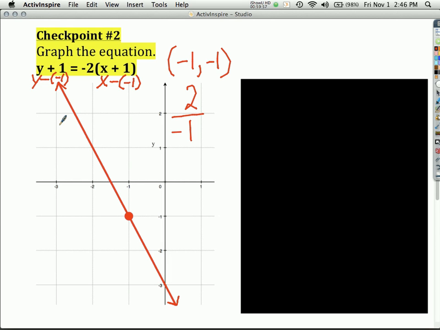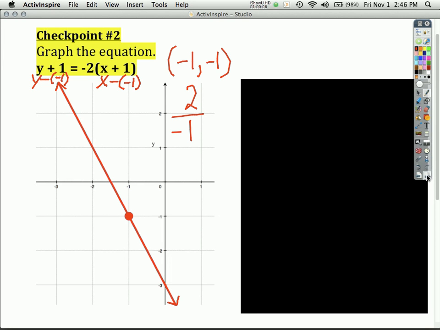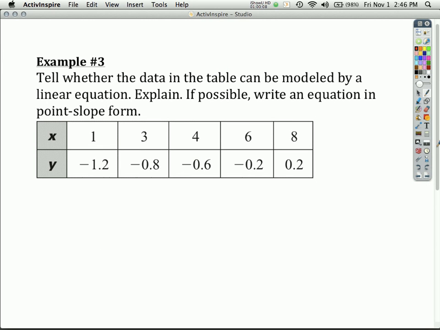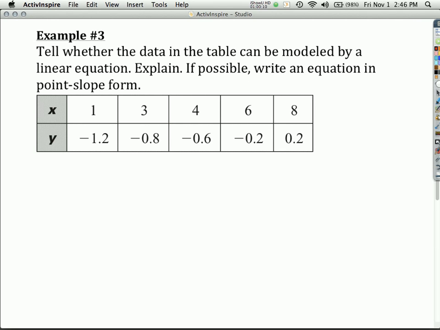All right, we have a couple of other scenarios. You guys are doing a good job, but we have a couple of other scenarios to explore. So stick with me. So, example 3, you don't have to copy the text of the question.